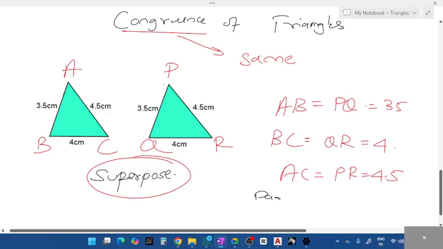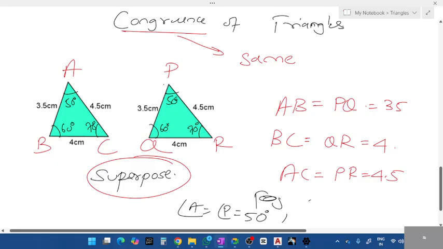So even their angles also will be same. If angle A is 50 degrees, angle P also will be 50. Okay. And if angle B is 60 degrees, angle Q also should be equal to 60. 70, 70. So all three sides are equal, and all three angles. Look here, angle A is equal to angle P, that is equal to 50 degrees.